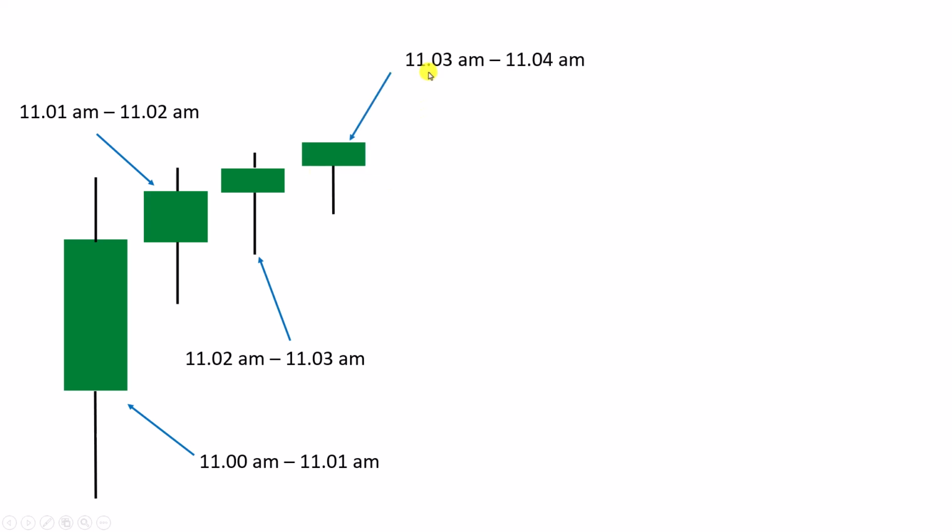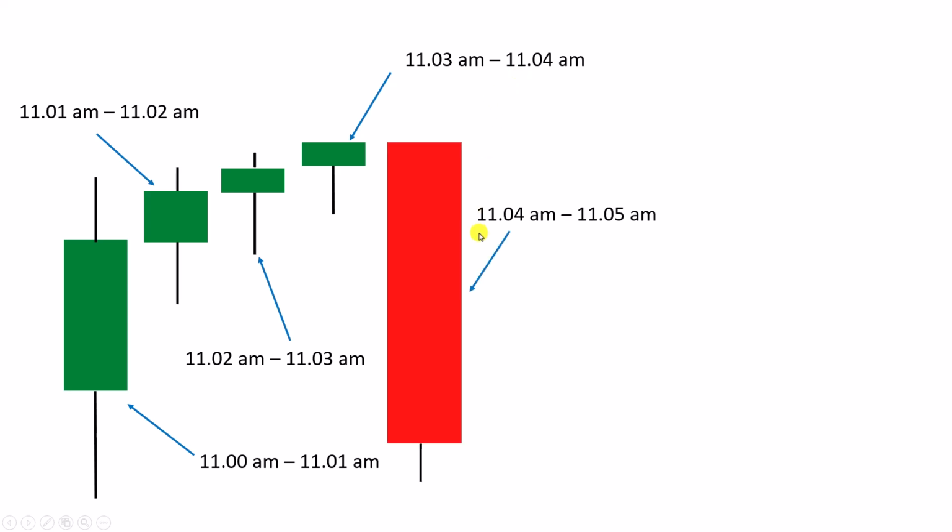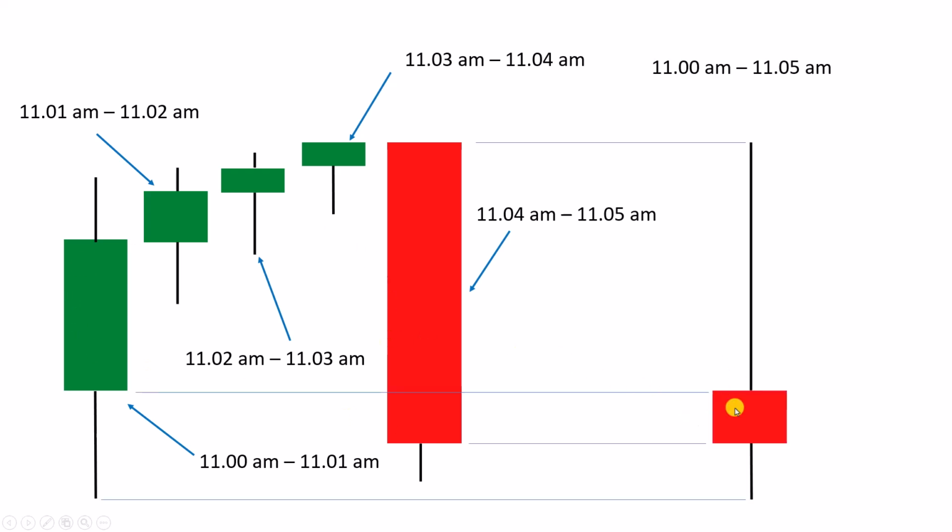This is from 11:03 to 11:04, and this is from 11:04 to 11:05. Okay. Now, if we take levels from all the 5 candles and make a candlestick, then it would look like this. This would be the candlestick of 5 minutes, representing the price movement from 11 am to 11:05 am.